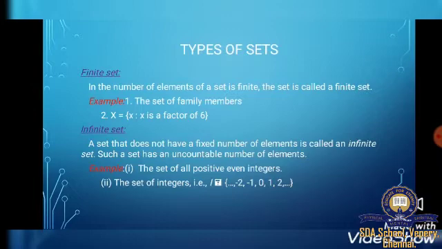We usually know that the positive integers go on from 1, 2, 3, etc. So this is not countable, so it is said to be an infinite set. The next example is the set of integers, that is -2, -1, 0, 1, 2, etc. So these are uncountable numbers of elements.